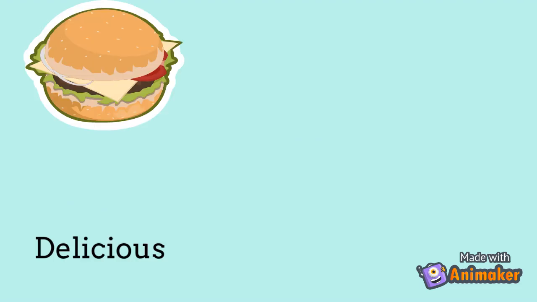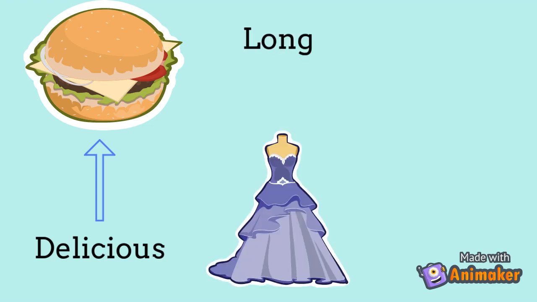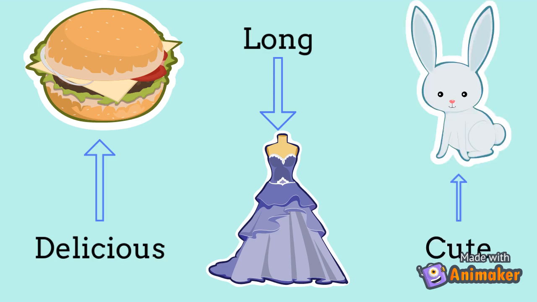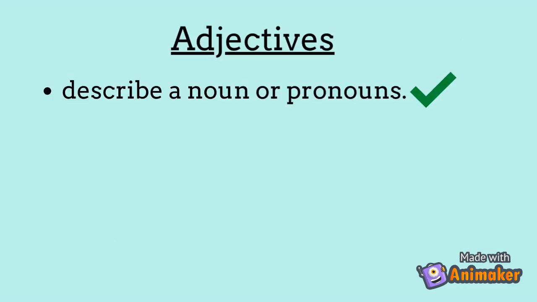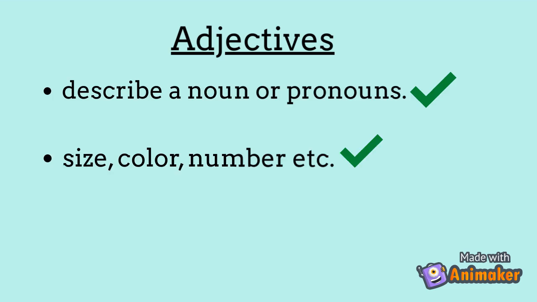If we say delicious burger, delicious is the adjective describing our noun, the burger. Similarly, if we say long dress, long is the adjective describing the noun, which is the dress. If we say cute bunny, cute is the adjective describing the bunny. So in general, adjectives describe nouns or pronouns and can show either size, color, number, etc.